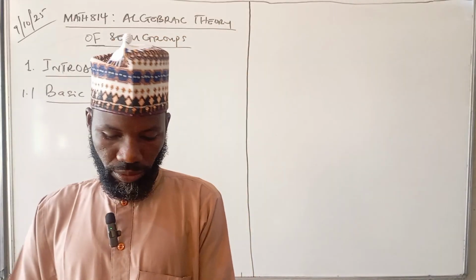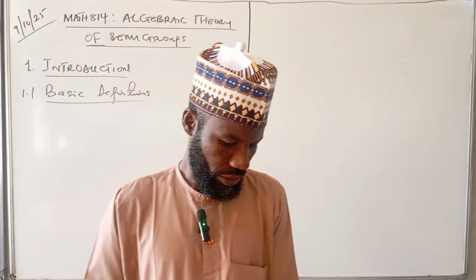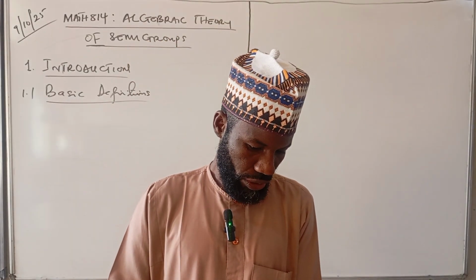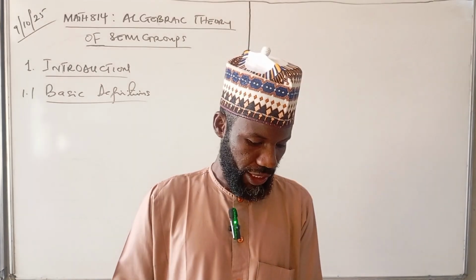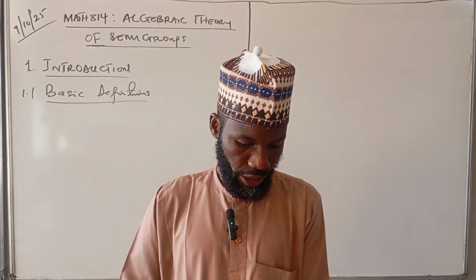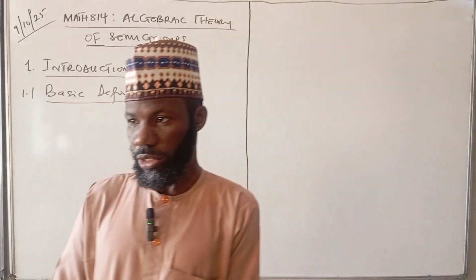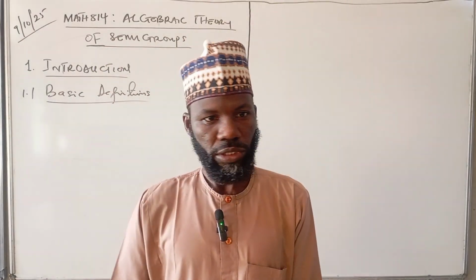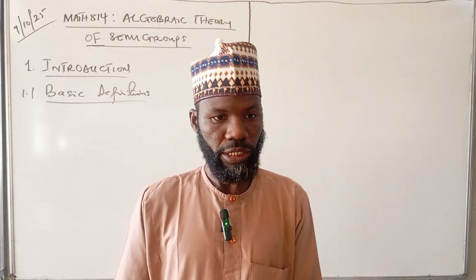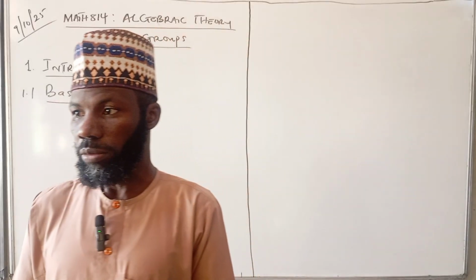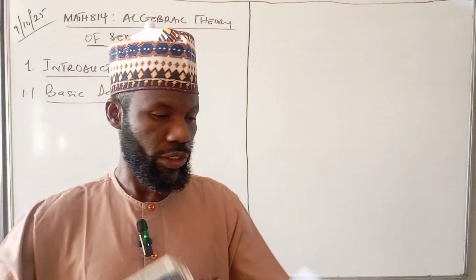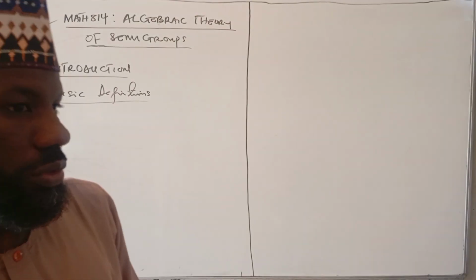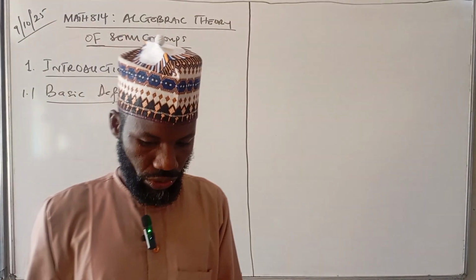Chapter 1 is introductory ideas, and the second chapter will discuss the concept of Green's relations, and the third chapter is talking about zero simple semigroups. And then, if time permits, we are going to add an extra chapter to talk about transformation semigroups in general. So this is what we are going to cover in this course.